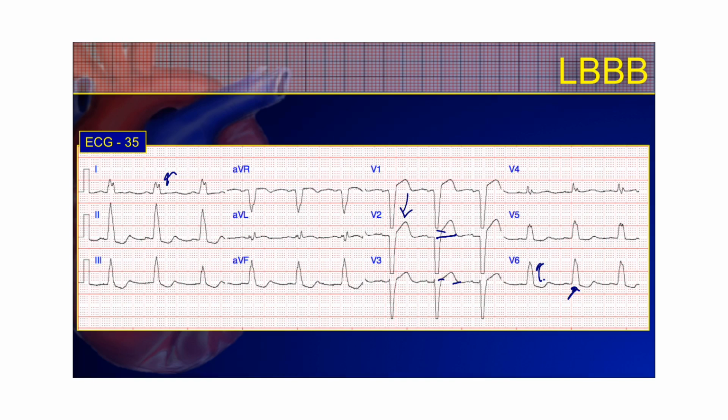And you'll even see the depression in the limb leads. Again, whichever leads are positive should have a little bit of depression. Whichever leads are negative should have a little bit of elevation. And if you know that rule, you might start understanding where Sgarbossa's criteria goes, because if you start breaking those rules, then maybe there is something going on.